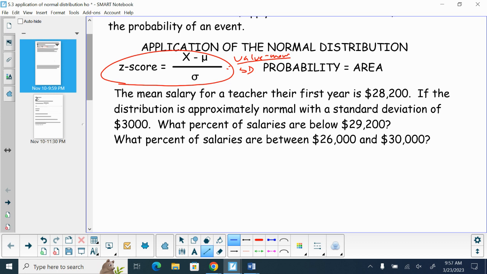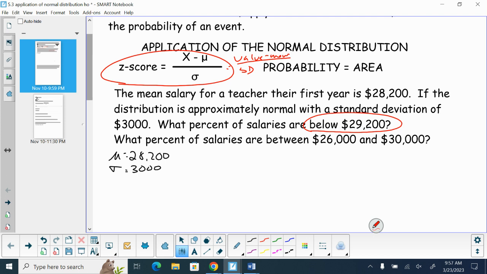So what we have here is the mean salary of $28,200 and a standard deviation of $3,000. The first question I ask is, what percent of salaries are below the value 29,200? We want to know how many are below this value.